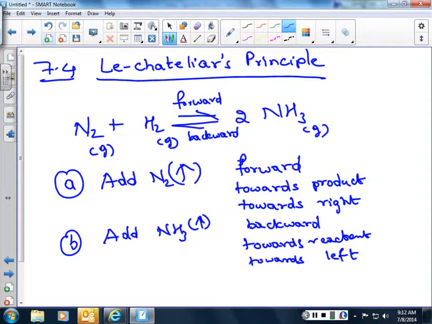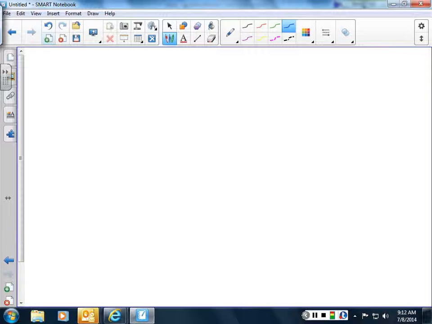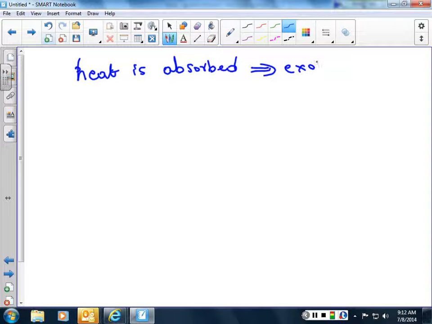Sometimes in a chemical reaction, there are two types of heat change. If the heat is absorbed, it's called endothermic. Sorry, endothermic.